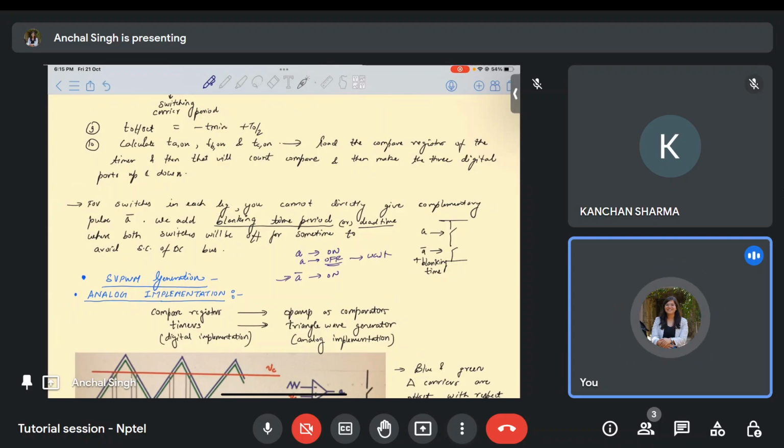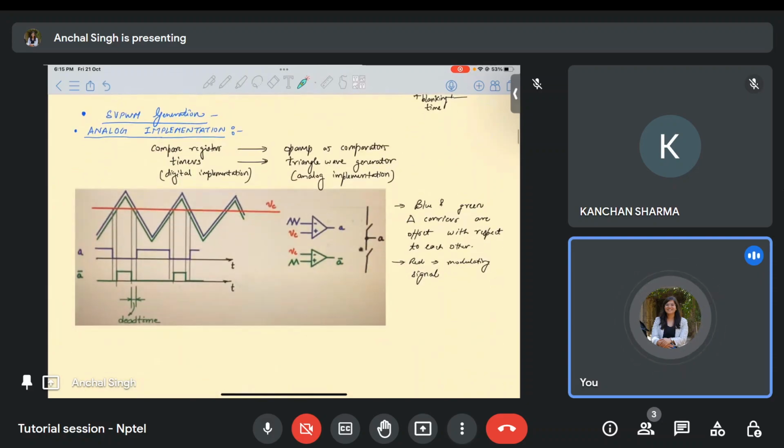I will not directly turn off switch A and turn on switch A bar, because that might give me a transient situation in which both A and A bar are on. This would be the state in between, which will short circuit my DC link, which I don't want. That is why I have to wait for some time after turning switch A off before turning switch A bar on. This is called the blanking time or the dead time. So while doing the pulse width modulation, you have to take care of that as well.